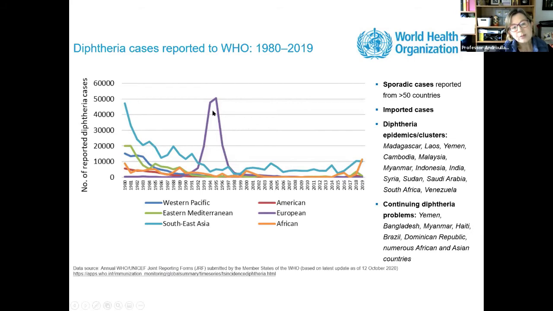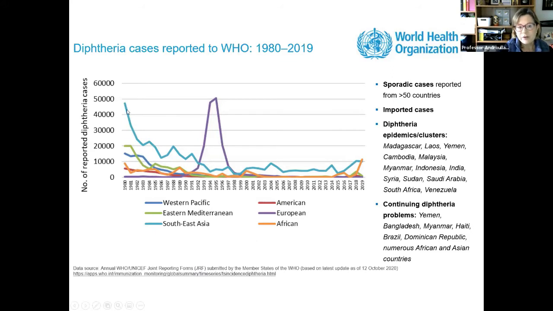And this, as many of you might know, refers to the very devastating outbreaks that occurred in the Russian Federation in the 1990s. This was obviously due to the breakdown of the former Soviet Union and the obvious breakdown of vaccination programs. During the peak of the epidemic, more than 50,000 cases were identified.